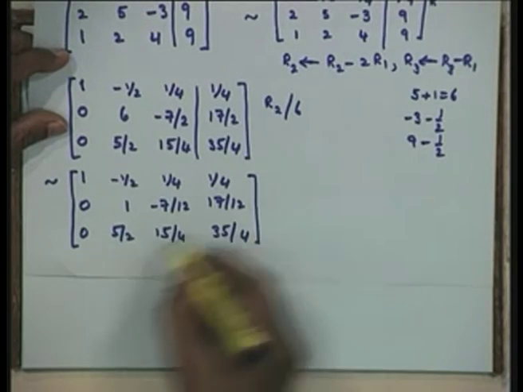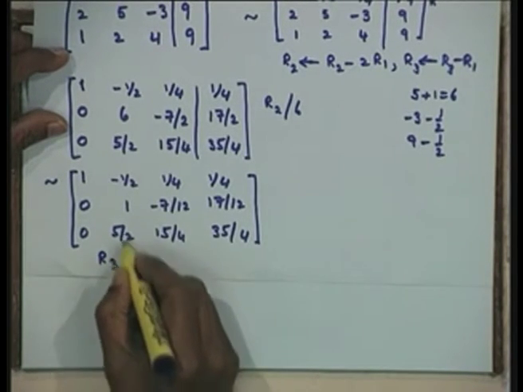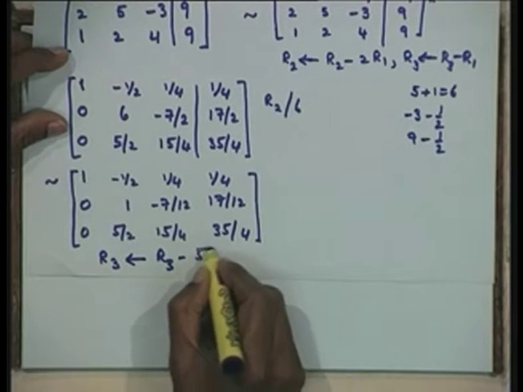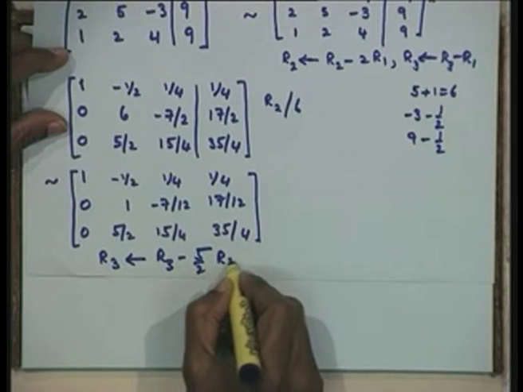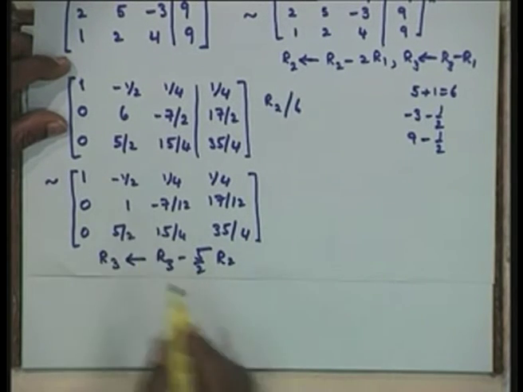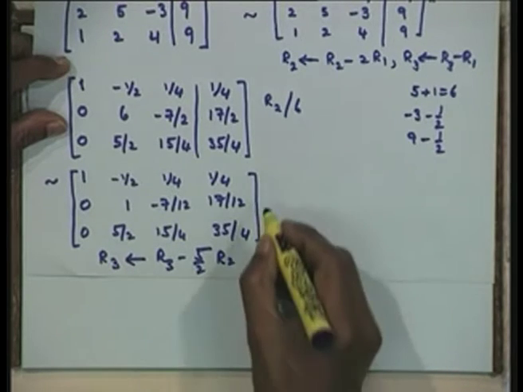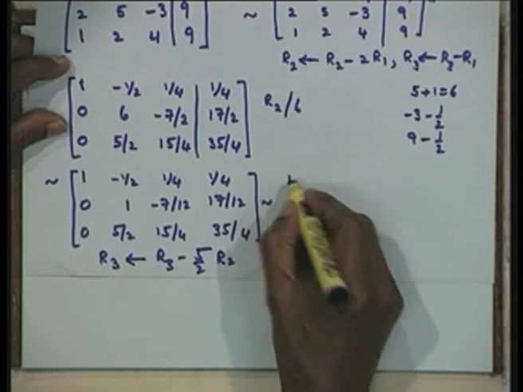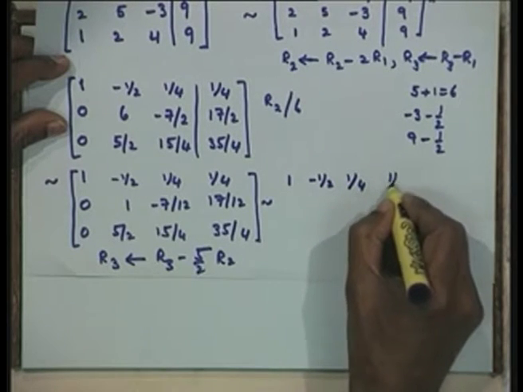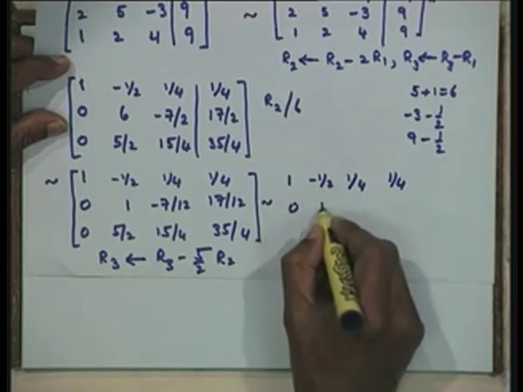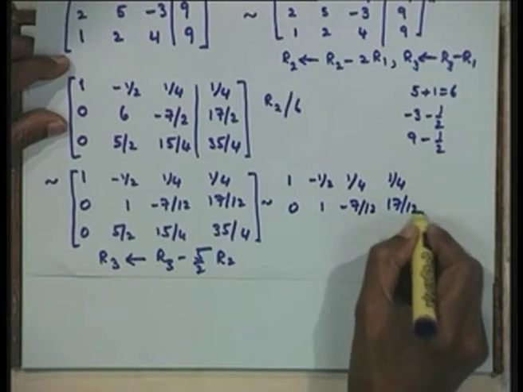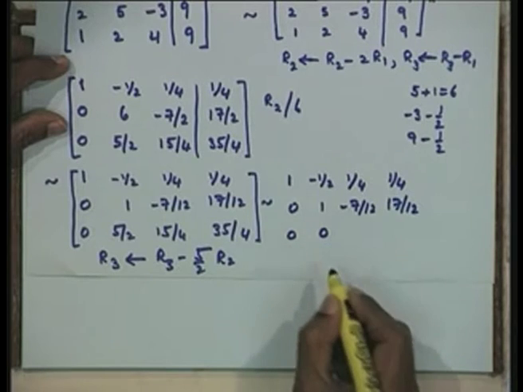Now, I need to perform the operation row 3 is row 3 minus 5 by 2 of row 2. So, I have to subtract from here 5 by 2 times this, so that this will become 0. Then I will have the equivalent system 1 minus half 1 by 4, 0 1 minus 7 by 12, 17 by 12, 0 0.